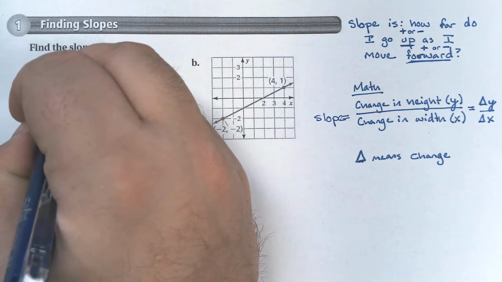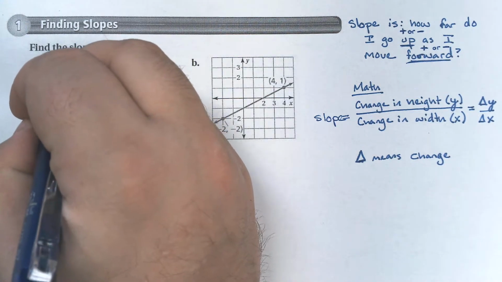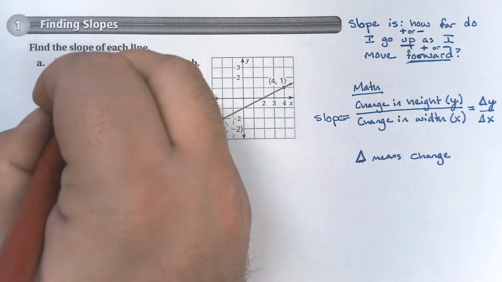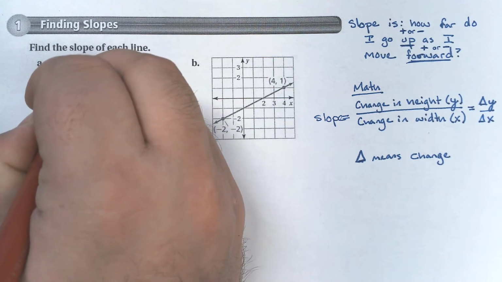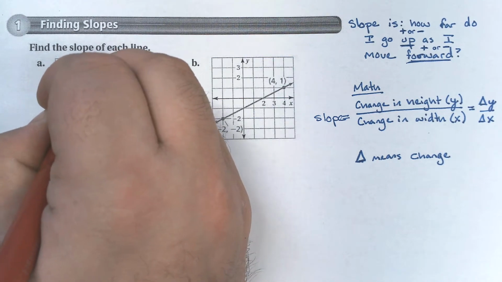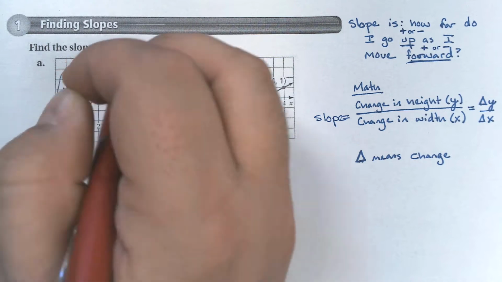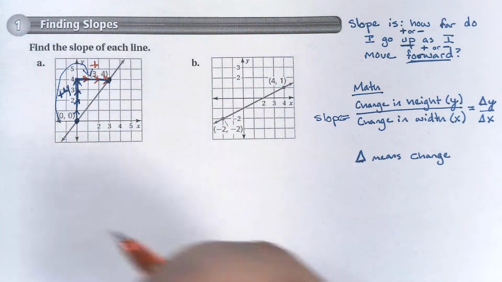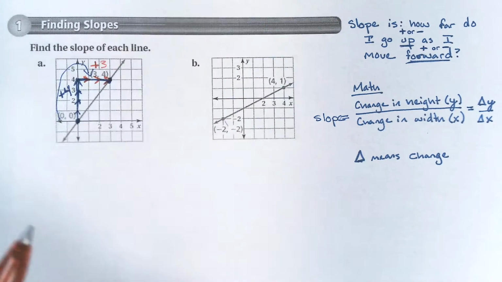So I go up, indicated by plus, 4 times. All right, now that I know how far I go up, I need to know how far I go over. Well, 1, 2, 3. I go to the right, so it's a positive. Remember, numbers to the right are positive, 3 times.